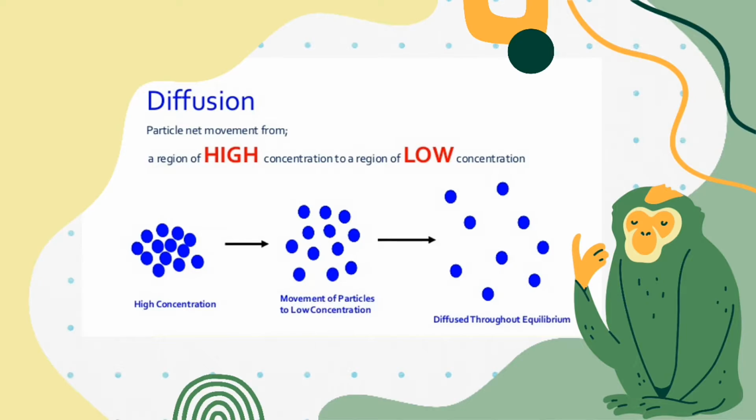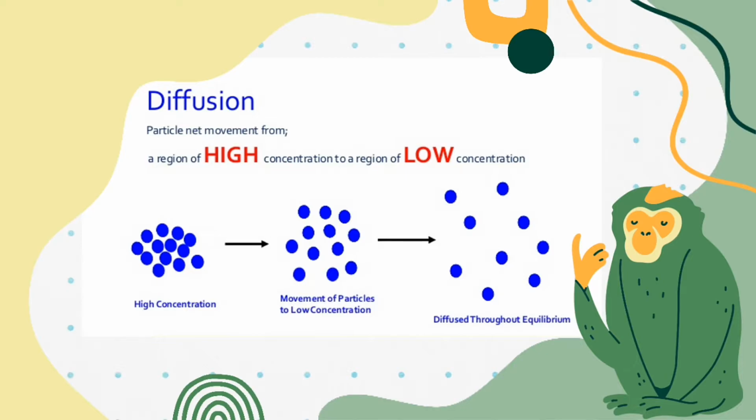In diffusion, particles move from where they are more concentrated to where they are less concentrated, until the whole environment has the same concentration, that is, an equilibrium is reached.